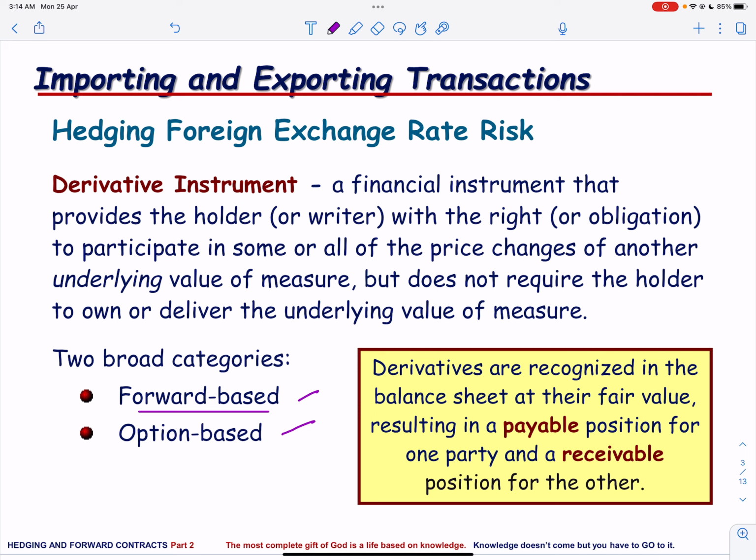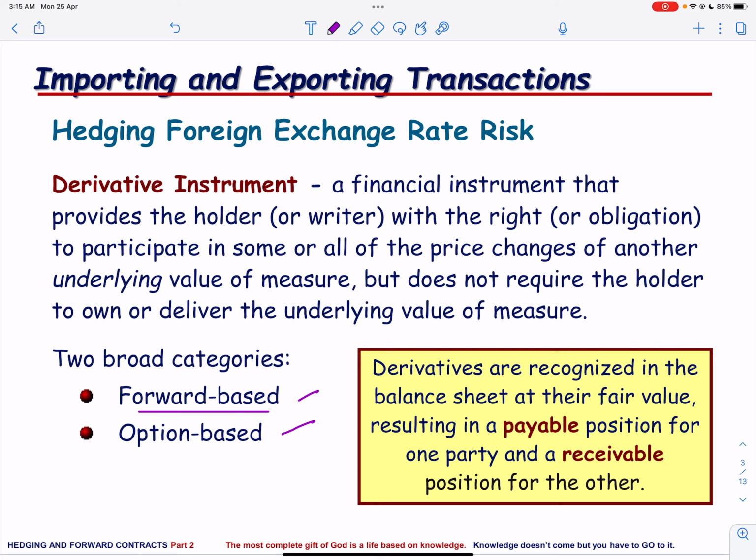Both forward and option-based derivatives work the same way. Both protect the firm from foreign currency exchange risk, but they have a different purpose. In case of a forward contract, the firm buys or sells a specific amount of foreign currency at a specific date. So, there is a transaction that is to be protected by the forward contract.